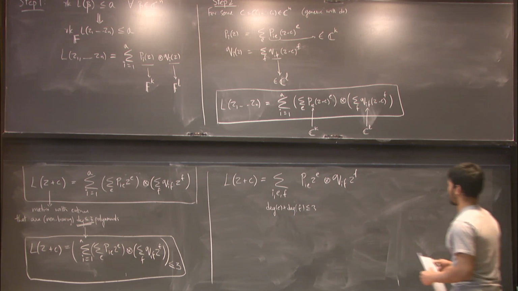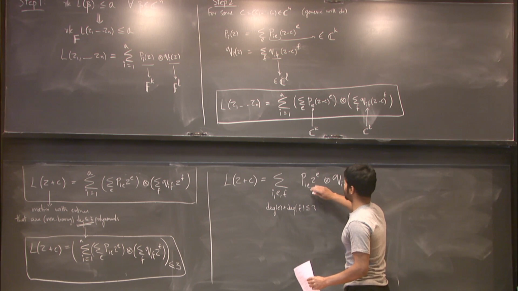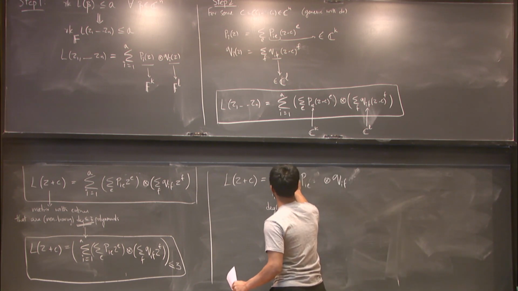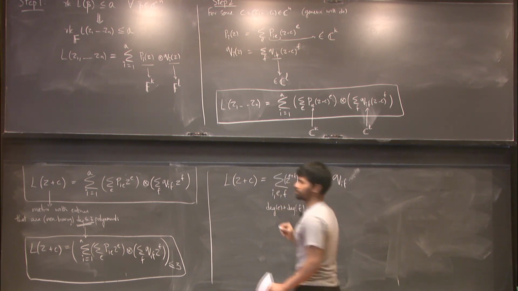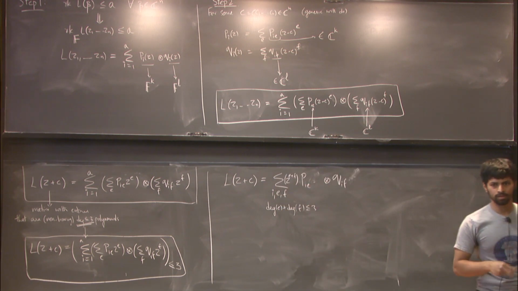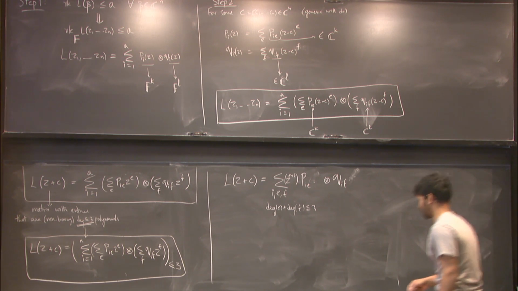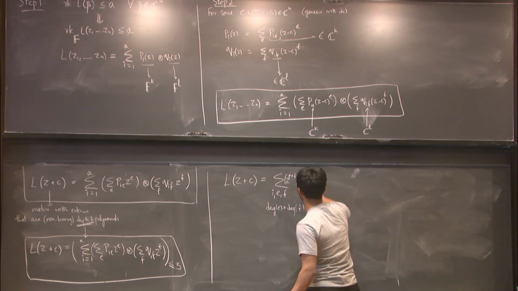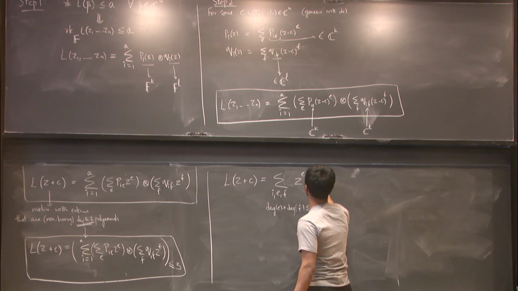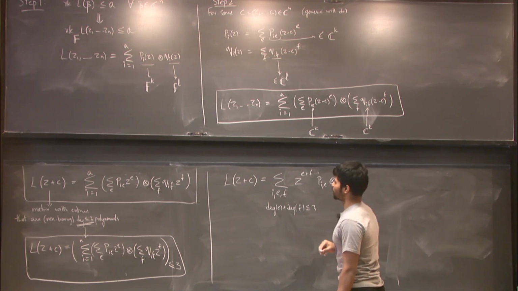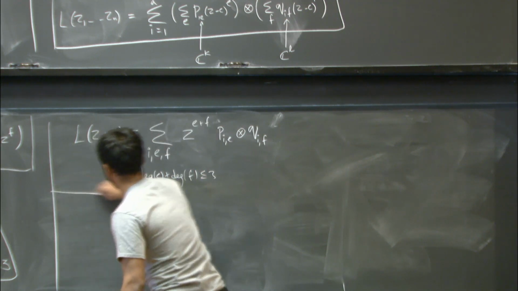Another way of writing this is I can just move the monomial there. Let me rewrite it without all kinds of spaces in there: z^(e+f), p_ie tensor q_if. And this is what I call the monomial decomposition.